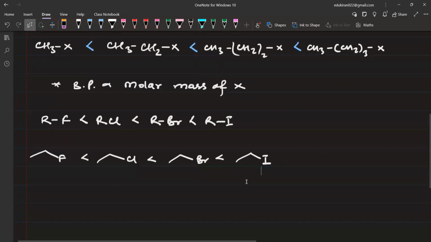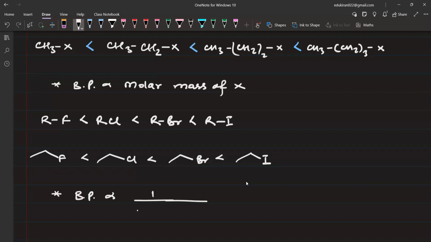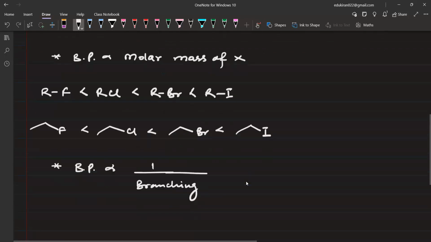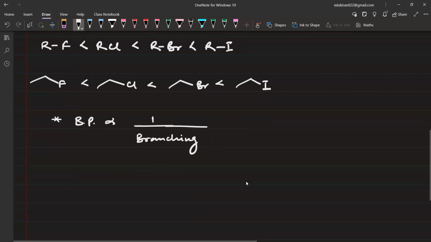And the next concept is important: boiling point is inversely proportional to branching. That means as the branches increase, the boiling point will become lower. I will explain why this happens also, but first understand this. What is the trend here?